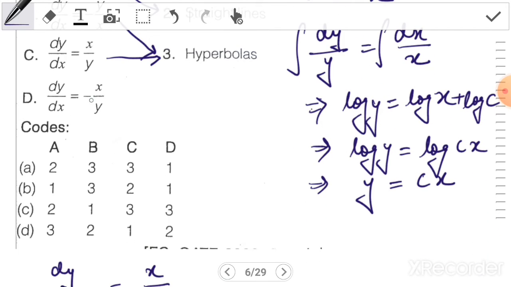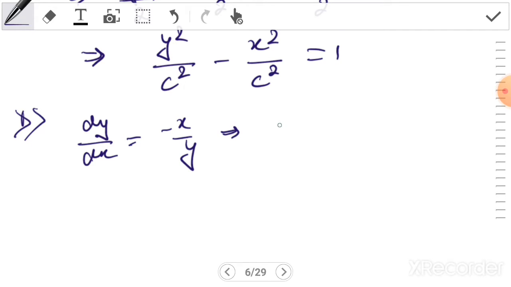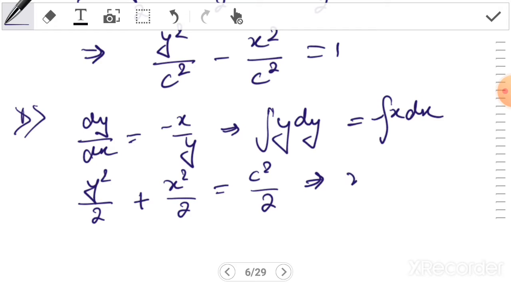Next, dy by dx is equal to minus of x by y. So y dy integral is equal to minus x dx. So y square by 2 plus x square by 2 is equal to c square by 2, which is x square plus y square is equal to c square.